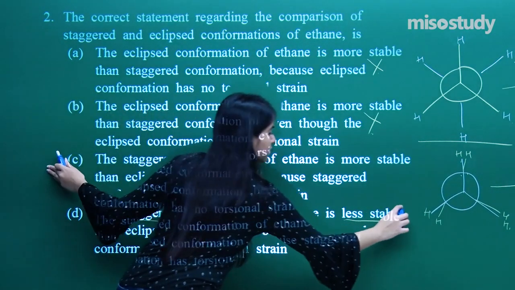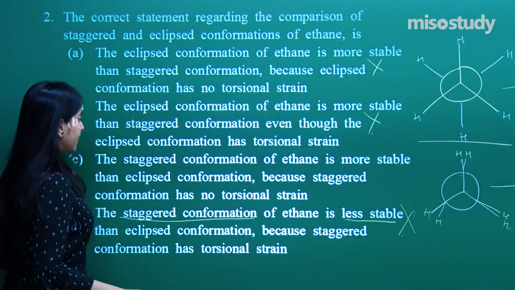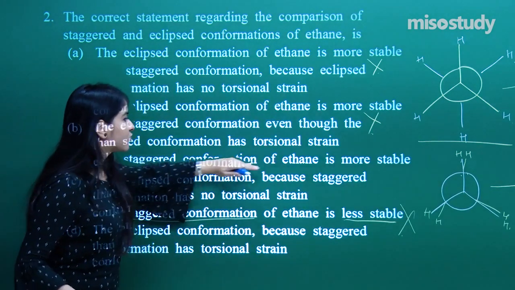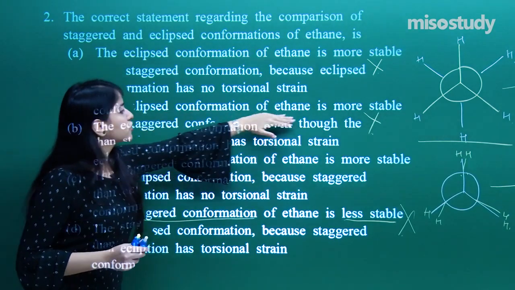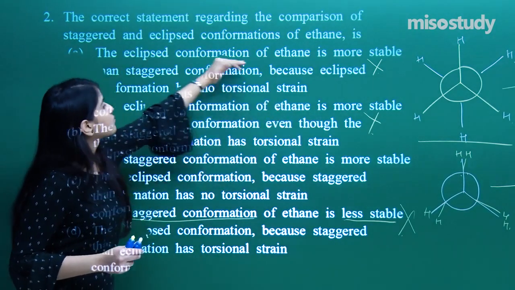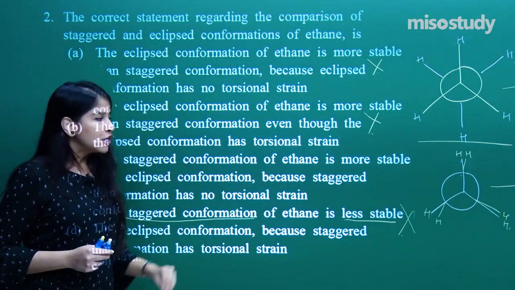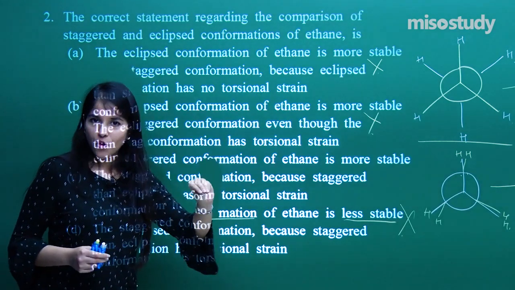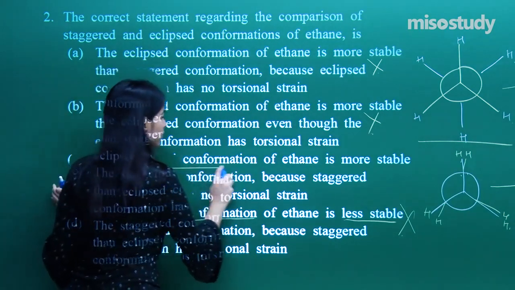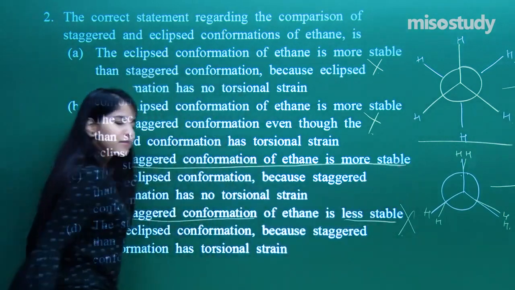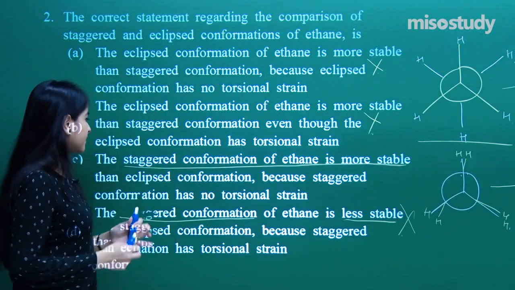No, it is not. In the next, the eclipsed conformation is more stable. So you need not go into the detail of the options. We have got the answer right here: the staggered conformation is more stable. That is always the answer.